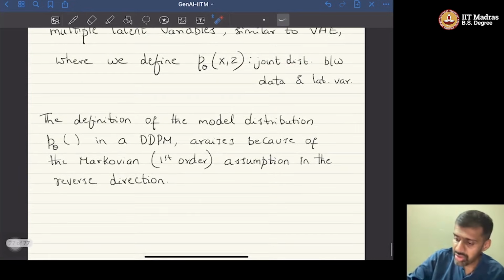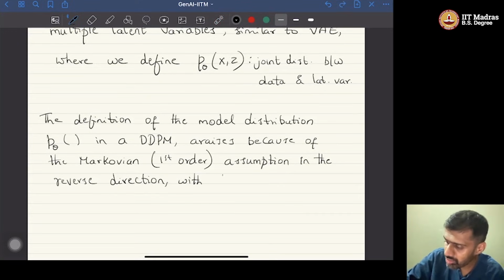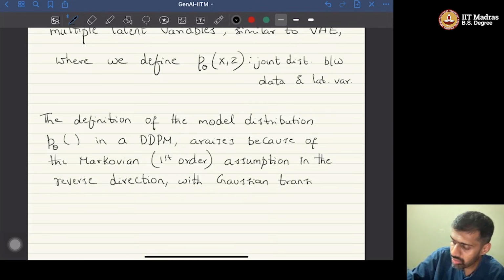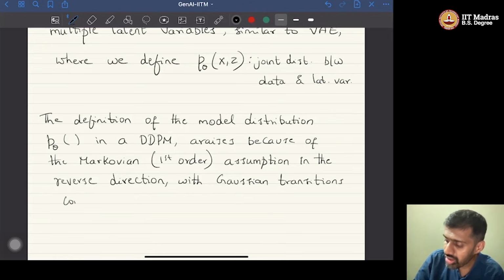So, the reverse direction with Gaussian transitions containing learnable parameters.